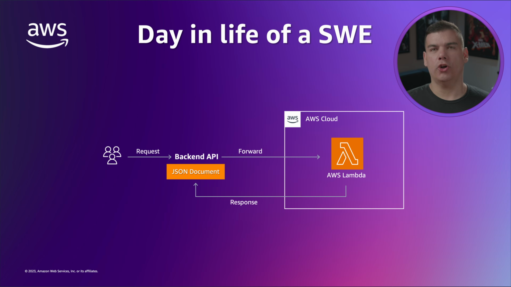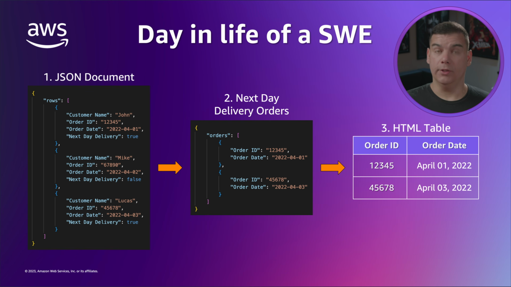For example, let's say your code has to invoke a backend API that returns a JSON document every time the user clicks a button. The JSON document contains a list of customers and their respective orders. Once you receive the JSON document, you need to parse it and then retrieve only the orders with next day delivery. Then list those orders into a HTML table.